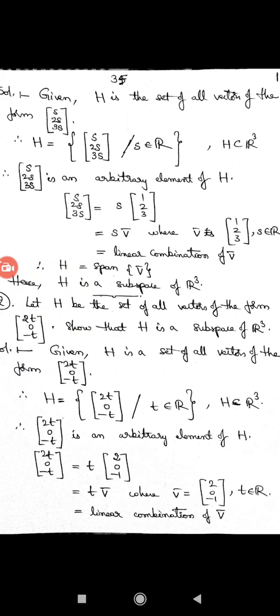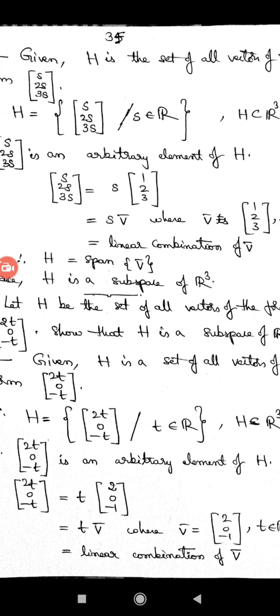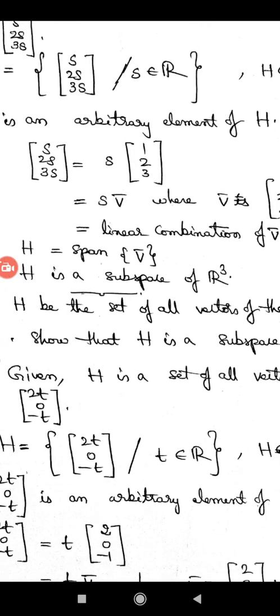Instead we take H, which is a set of column vectors of the form (2t, 0, -t), where t is a variable that takes values from the set R of real numbers. That set H can be equal to the span of some vector.